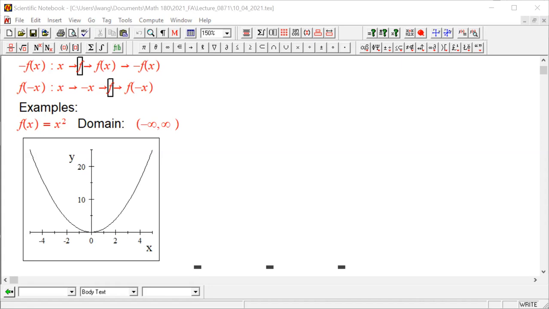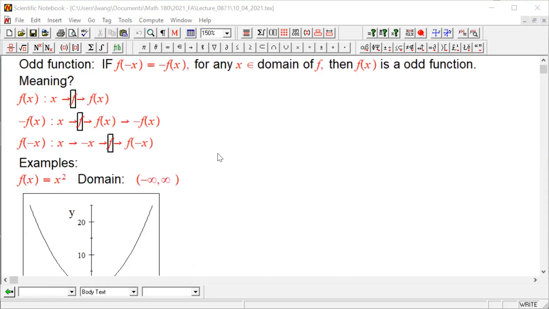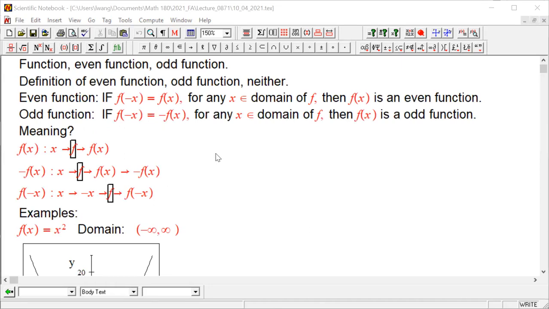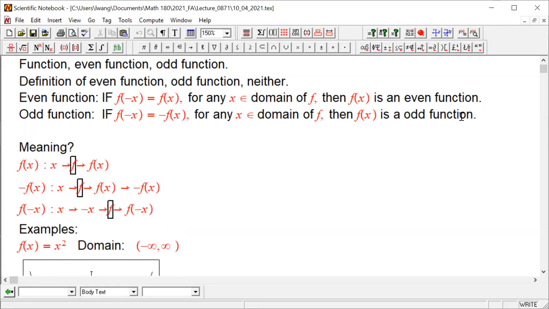What does it mean for x? Oh, this notation. It's not an E. It means it belongs to, part of, or one of it.